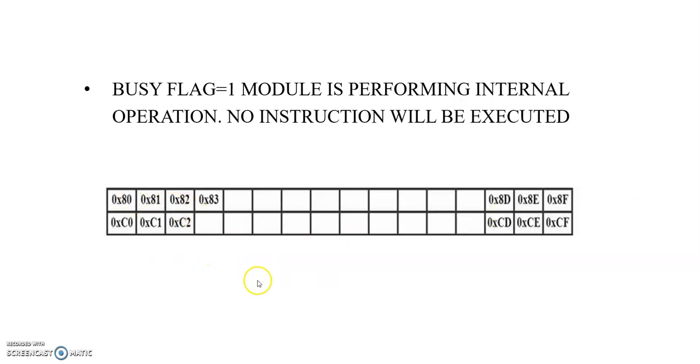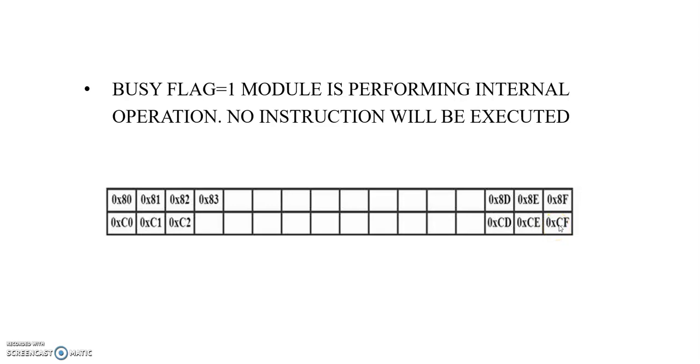The address values of those 16 characters are given in this diagram. The first line starting address is 0x80 and ends with 0x8F. Similarly, the second line starting address is 0xC0 and ends with 0xCF.